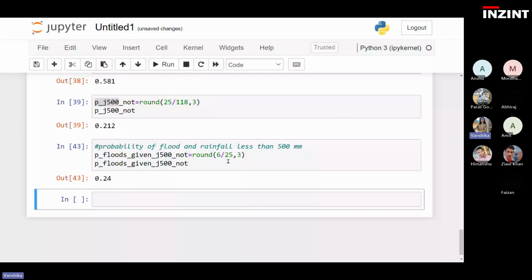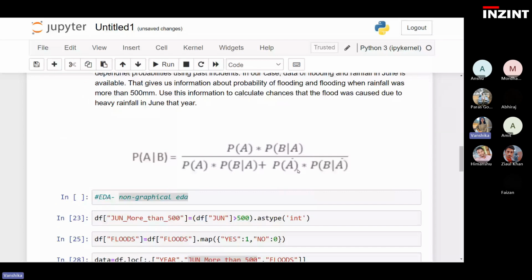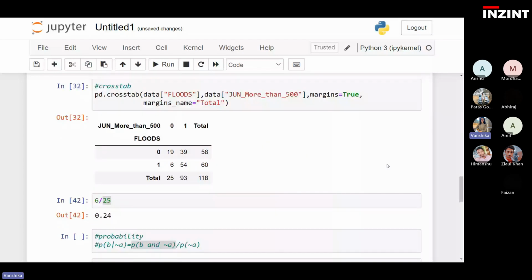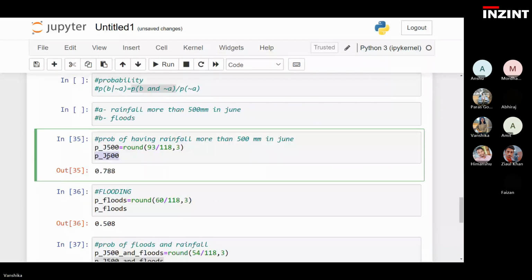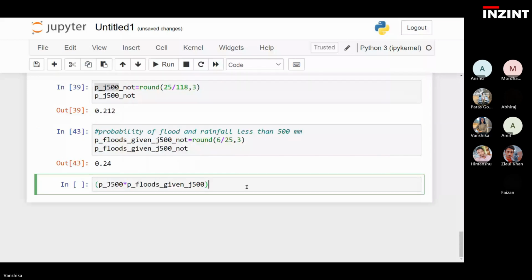Now we have everything. Okay. अपने पास numerator भी है, अपने पास denominator भी है. Let's put all of them in the formula. Okay. So what the formula is, the probability of rainfall multiplied by the probability of floods given rainfall occurred, divided by the same, and add to it the complement of the two.